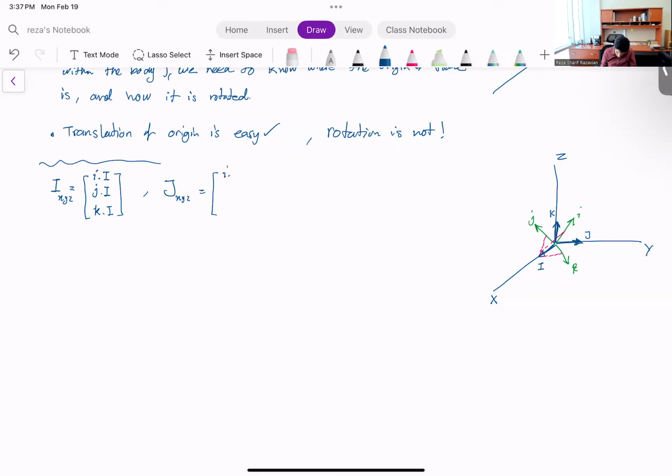So it is i dot J along little i, j dot J along little j, and k dot J along little k, and finally my K, big K, in XYZ is i dot big K, j dot big K, little k dot big K. And this is the information I need to fully know how these two frames are oriented relative to each other.